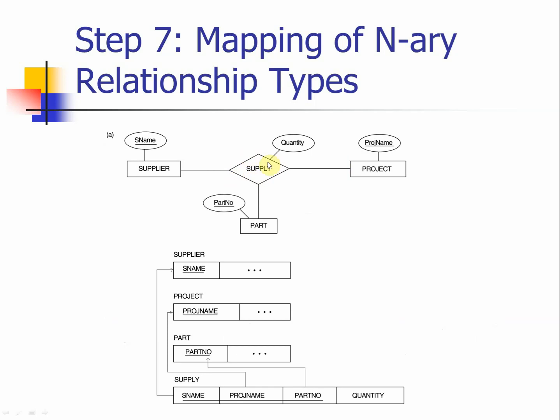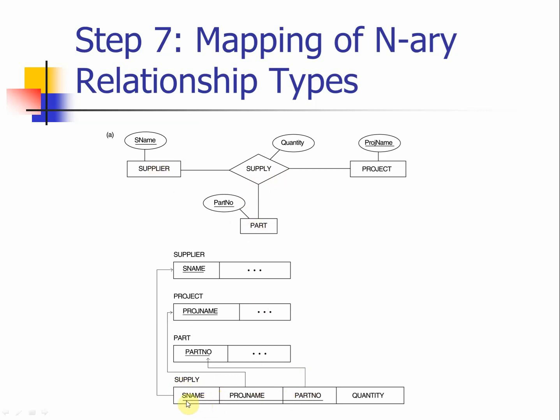Say we have a supply, which indicates a ternary relationship that connects supplier, project, and part. Inside each one of those, they have their primary key. They may have some other attributes. To convert this supply, we create a new relation called supply. Take all the primary keys of the 3 entities it links to.